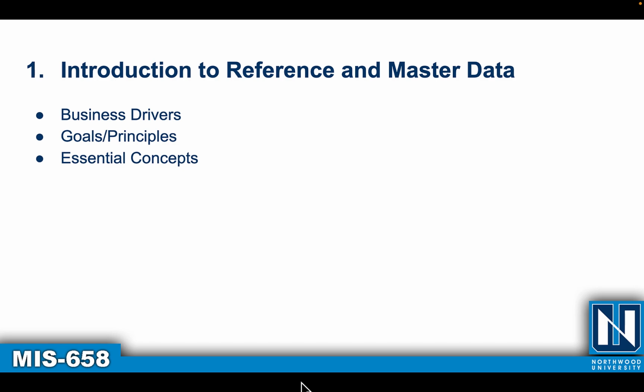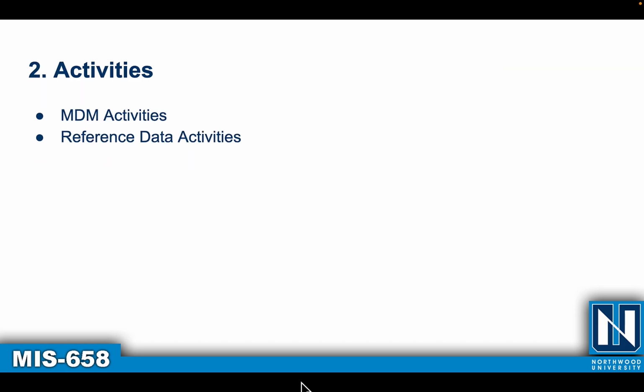All right, so now we can turn our attention to the various activities associated with reference and master data. Master data involves 4 critical activities that we want to always be considering, which include number 1, data modeling, which we're modeling in order to define the structure of our master entities. Integration, we're always working to reconcile and unify data across any of the various systems that we use at our organization.